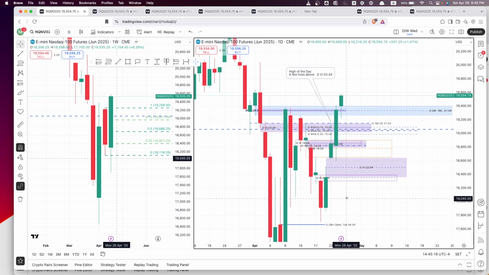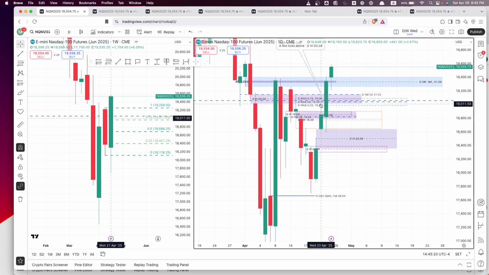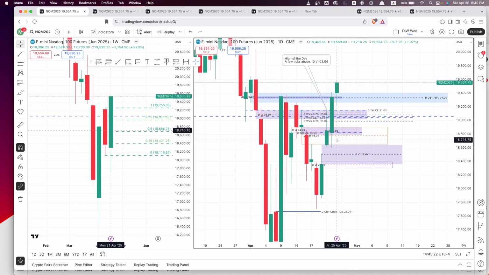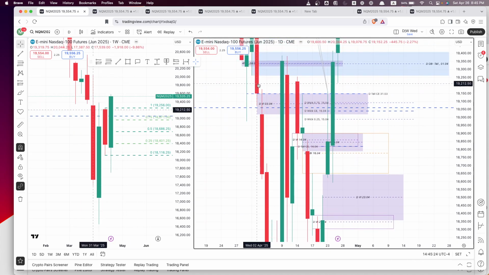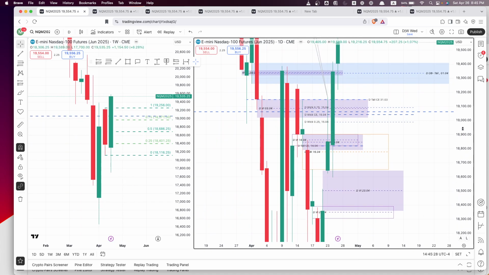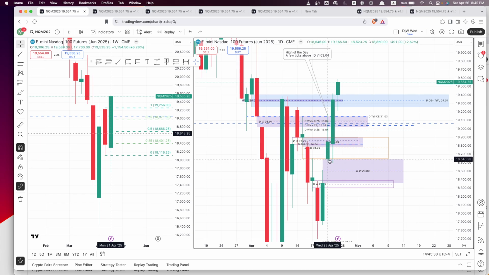But this was Wednesday. We went really high up. So the high was above this daily volume imbalance. And Wednesday was a very difficult trading session, and we see how that happens also in this area, the volume imbalances.